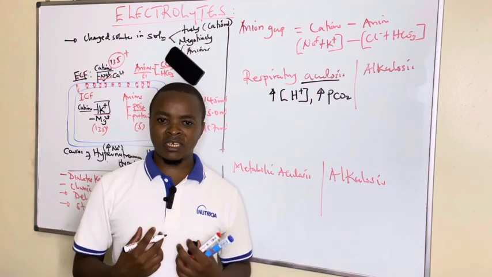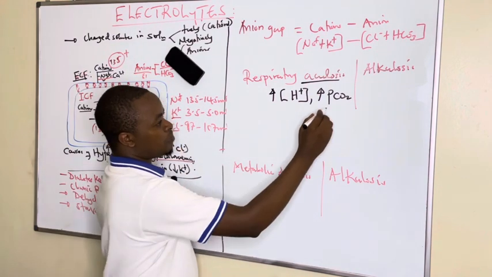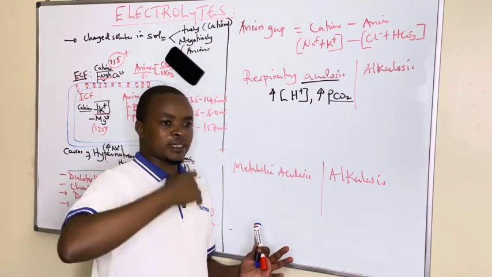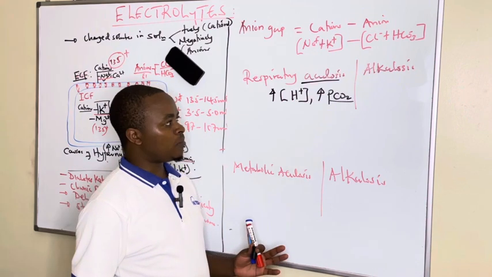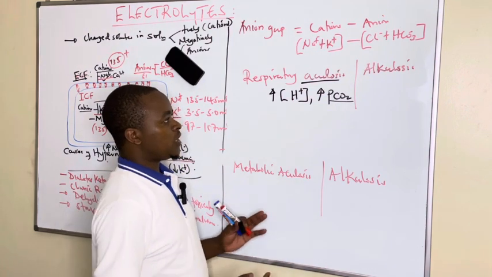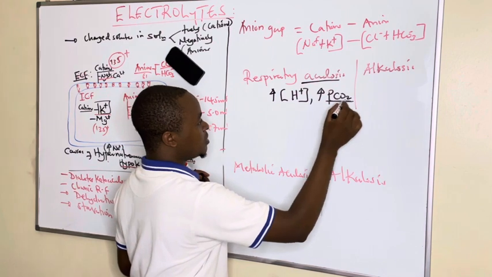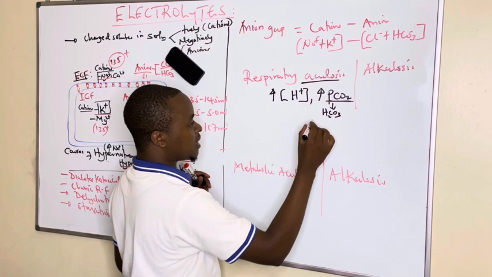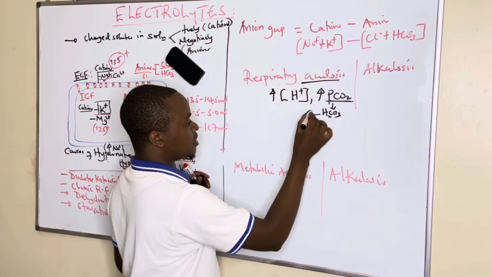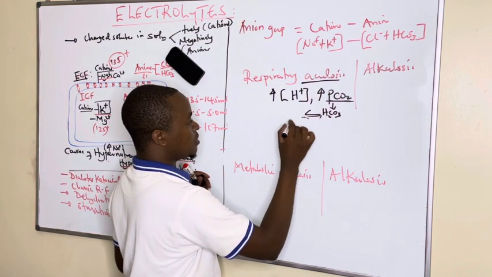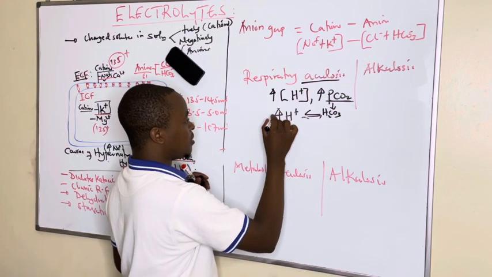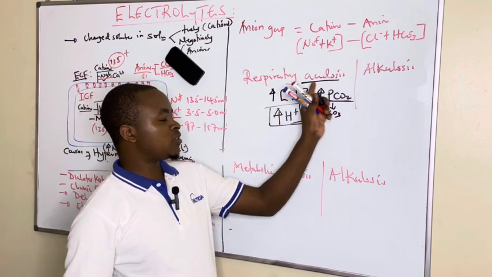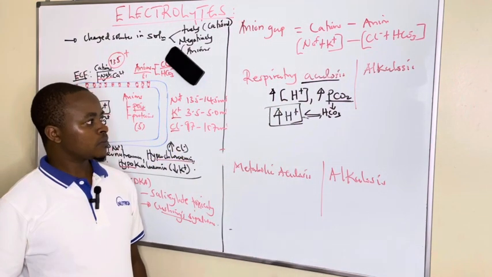And when you're not breathing deeply, partial pressures of carbon dioxide accumulate in the blood, because you're not exhaling the carbon dioxide produced in the tissue. And accumulation of carbon dioxide leads to formation of much carbonic acid, and this carbonic acid dissociates to give hydrogen ions. So accumulation of the hydrogen ions is what we are calling respiratory acidosis.